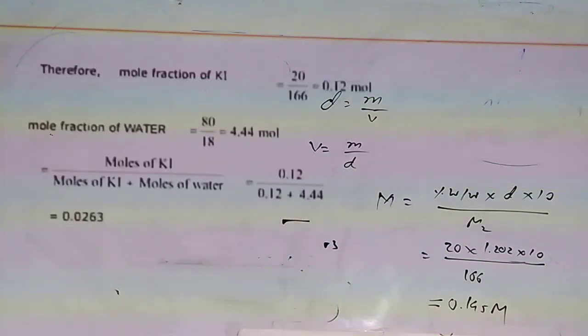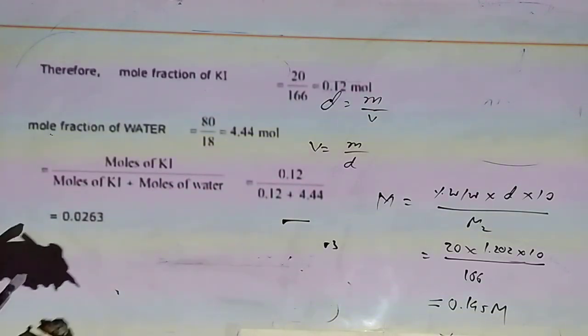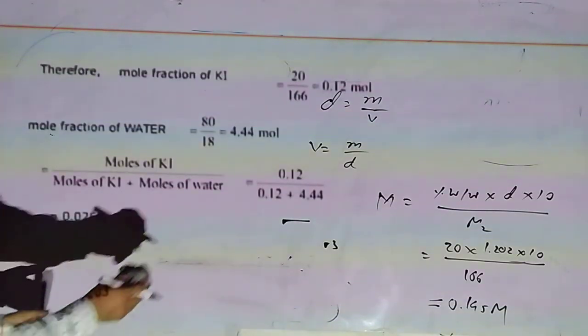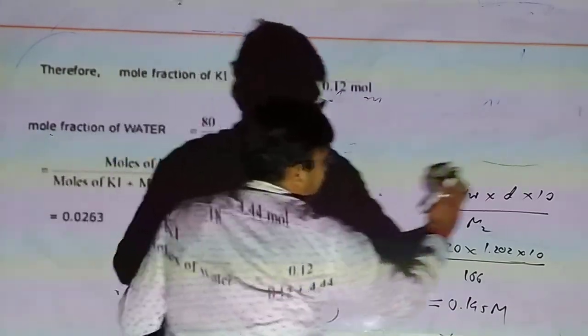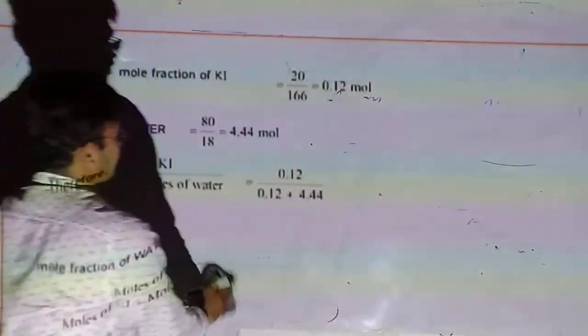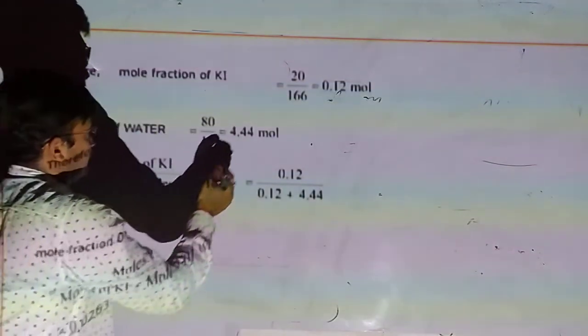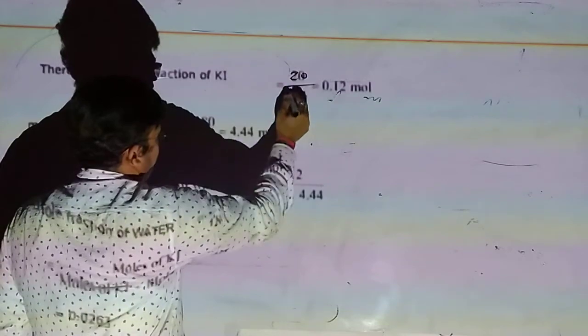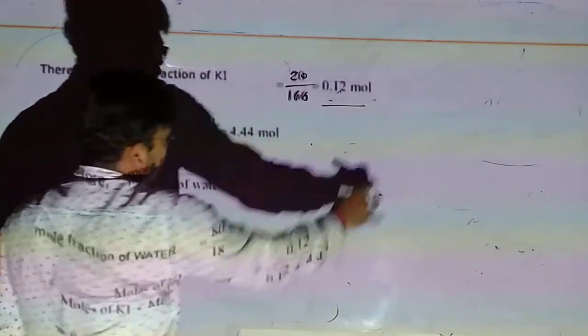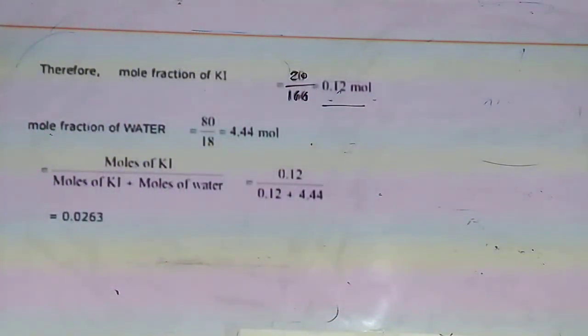Now the last one, mole fraction. First we have to find the mole of KI, then the mole of water. Mole of KI is mass of KI upon molecular mass, 0.12 mole of KI.